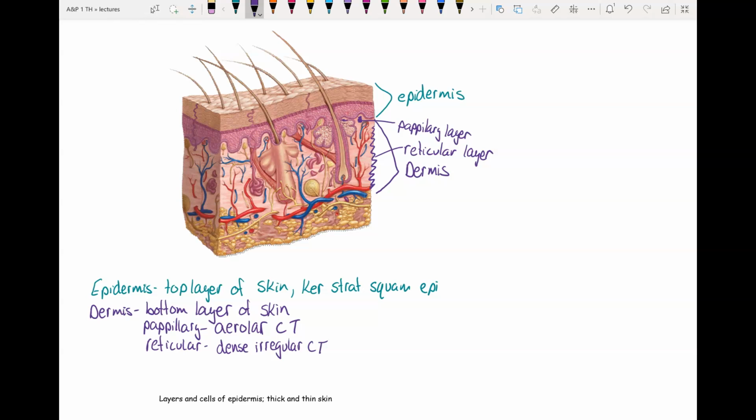And this is what gives skin its strength and flexibility. Then if we keep going down, here you have the hypodermis, which can also be called subcutaneous.